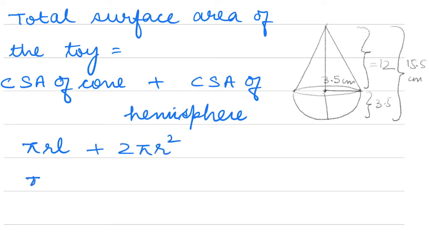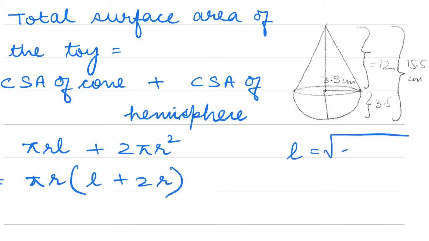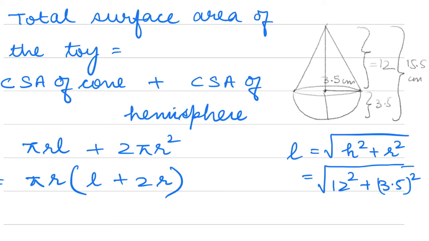We can take pi and r common because the radius is the same for both. So L plus 2r. Let's calculate L. This is equal to the square root of h square plus r square, and we know h, we have already calculated, 12 square plus 3.5 whole square.